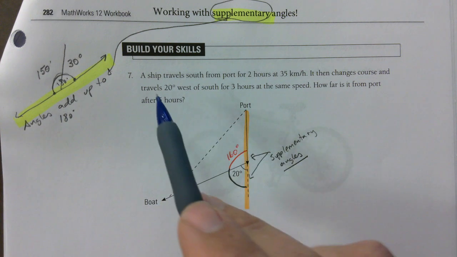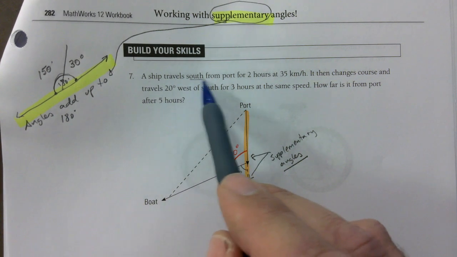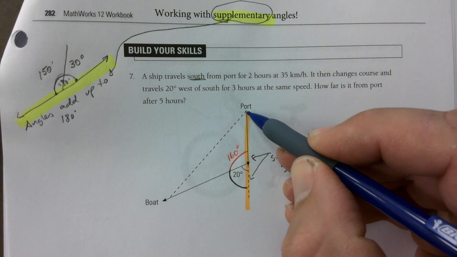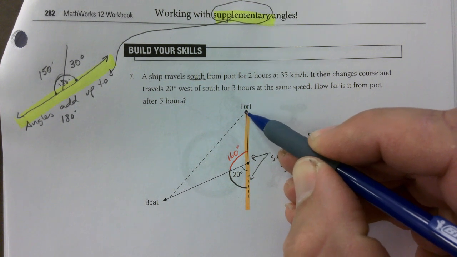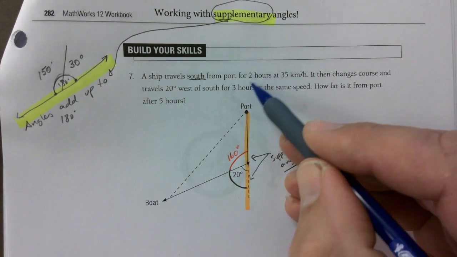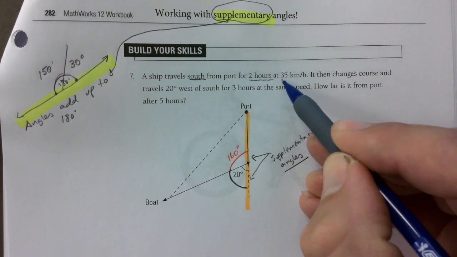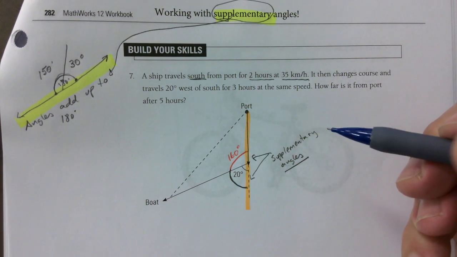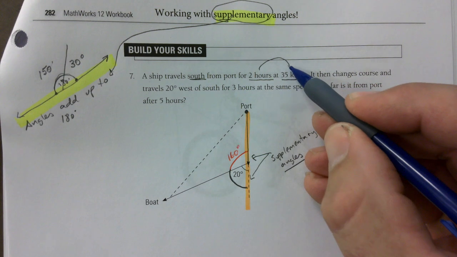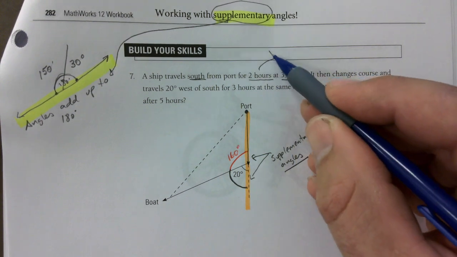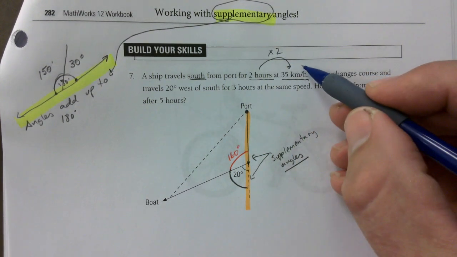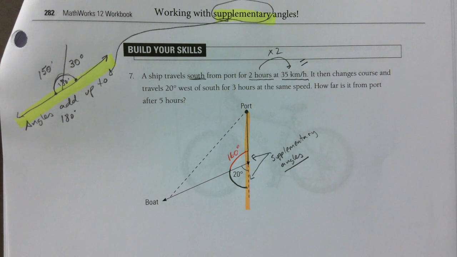Now what? Now we say that a ship travels south. So the ship starts here at the port, travels south, for 2 hours at 35 kilometers an hour. If you travel 2 hours at 35 per hour, what will be your distance traveled after 2 hours? 70, right?